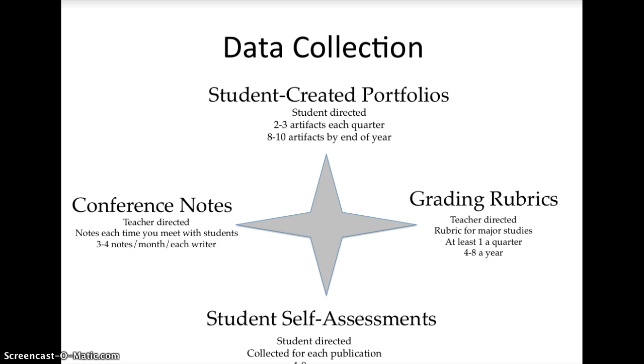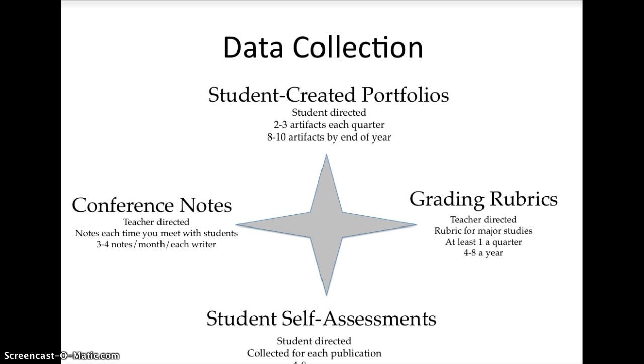The two student created things are portfolios, in which students will upload 2 or 3 artifacts each quarter. So by the end of the year, they might have 8 to 10 artifacts that show what they've learned as writers. It can be published products, it can be pieces of writing and process, it can be a mini lesson that a teacher taught, it could be an influential book, it could be an influential author that taught them a certain technique, it could be responses they received from their classmates when they're in the author's chair.